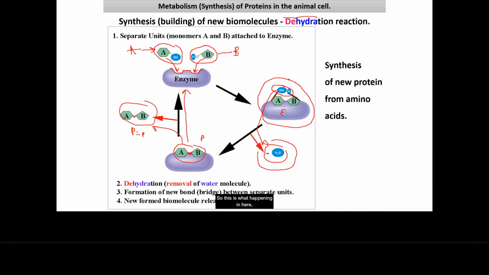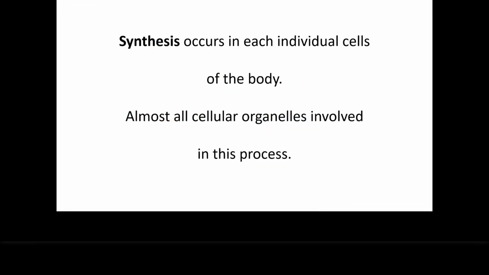So this is what is happening here. We're removing a water molecule away when we're connecting two units. Synthesis occurs in each individual cell of the body, and almost all cellular organelles are involved in this process in different ways.